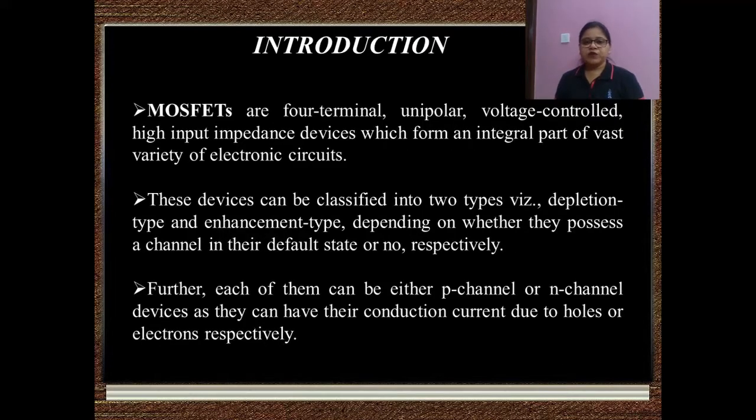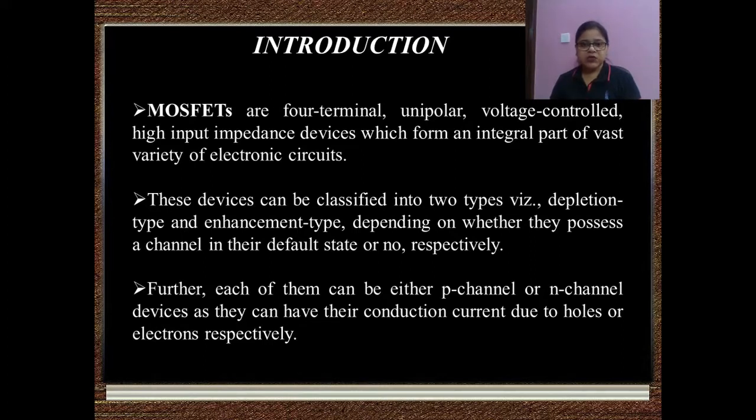Now before moving towards the structure, firstly we should know about the basic characteristics of the MOS. The MOSFET is a four-terminal device basically, named gate, drain, source and substrate. Sometimes substrate is also known as a backgate, and it is unipolar in nature. Either the holes are responsible for conduction if it is a PMOS, or the electrons will be conducting the current if it is an NMOS.